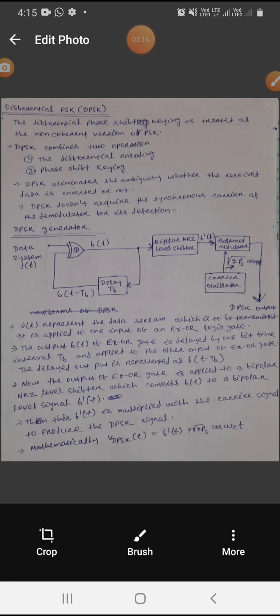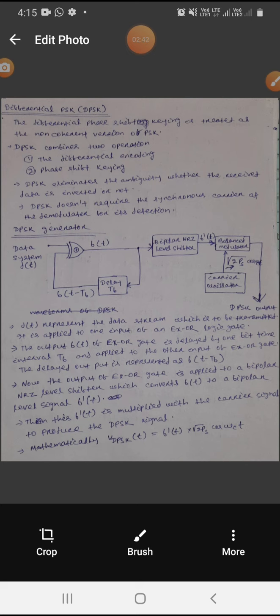Then the output B(t) of the XOR logic gate is delayed by 1 bit time interval, which is T_B, and then this signal is applied to the other input of the XOR logic gate, and the delayed output is represented as B(t - T_B).